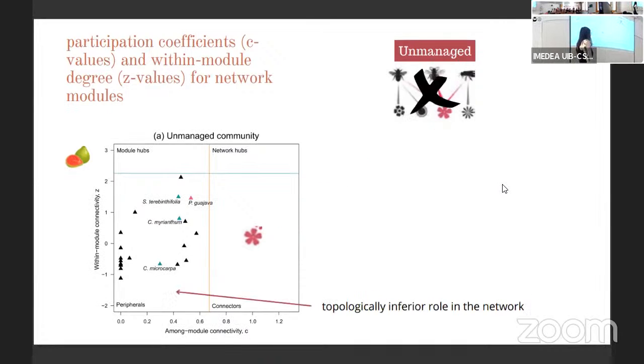When a species is acting in a peripheral role, it has a topologically inferior role in the network. But one interesting thing is that all the plant species had these peripheral roles in this community.